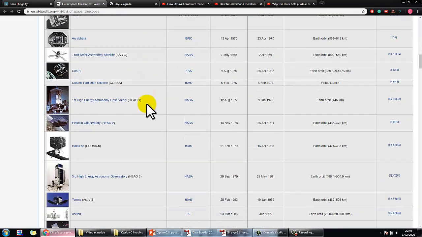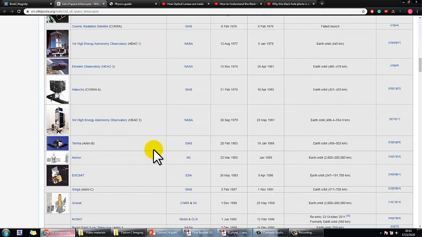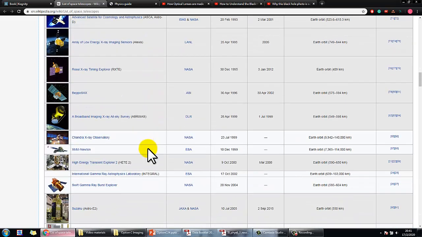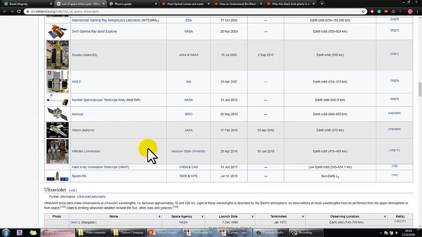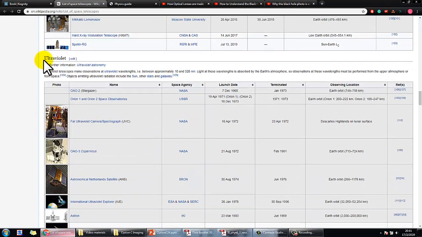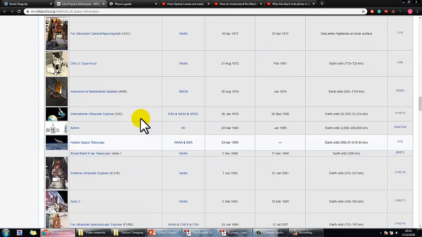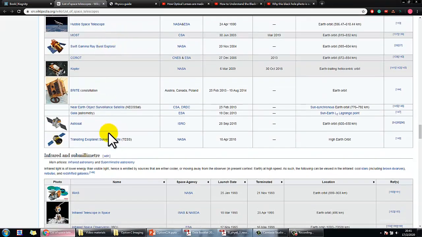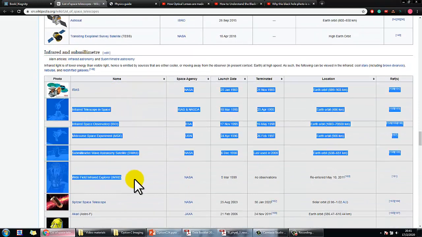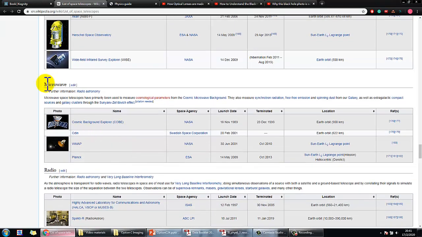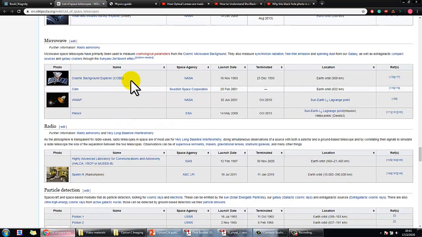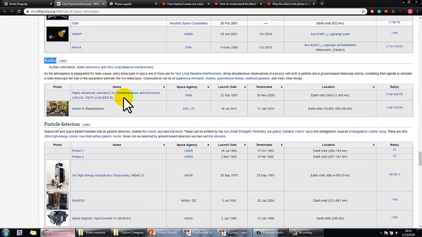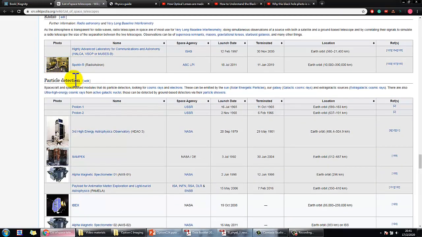So you can see that for different space telescopes, they really get one telescope for a specific EM wave, right? Because that will require different sizes, different designs as well. UV, you can see there's a few, actually a lot. Visible light, okay, and infrared, also quite a lot. Microwave, not a lot, but we also got four. Radio and even particle as well.